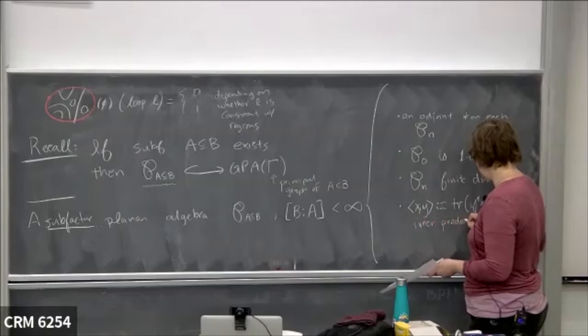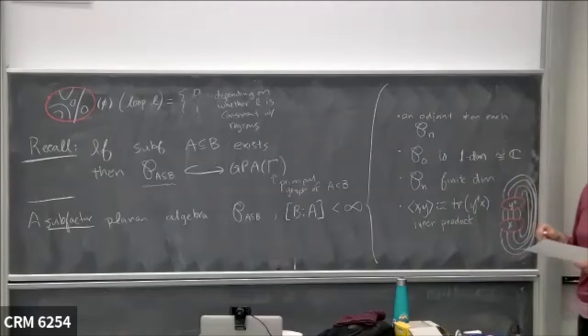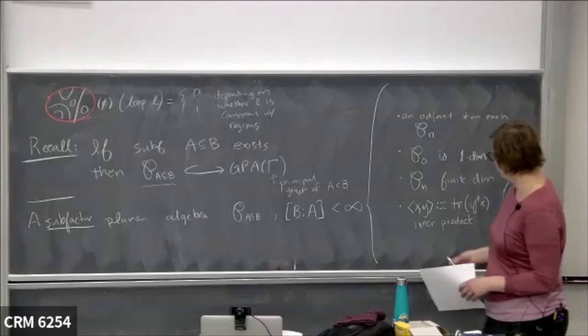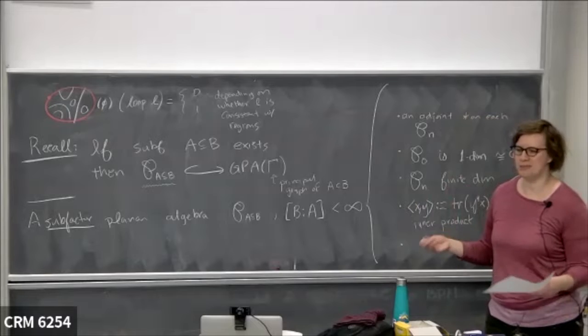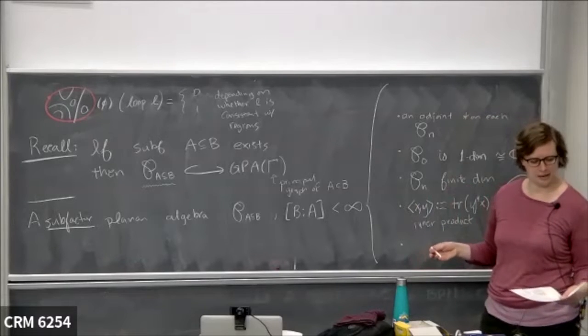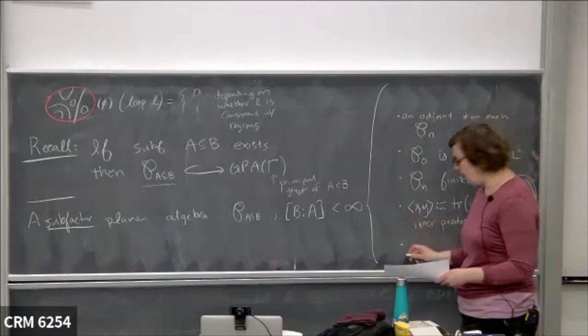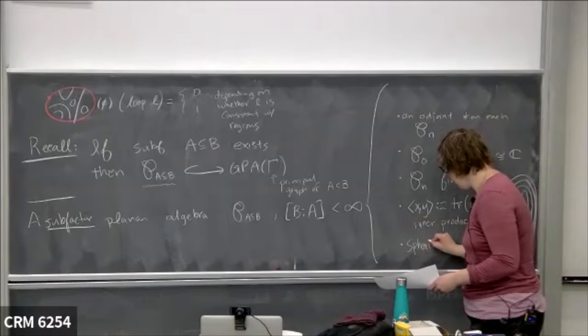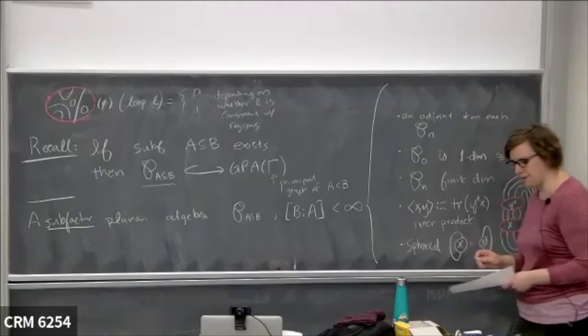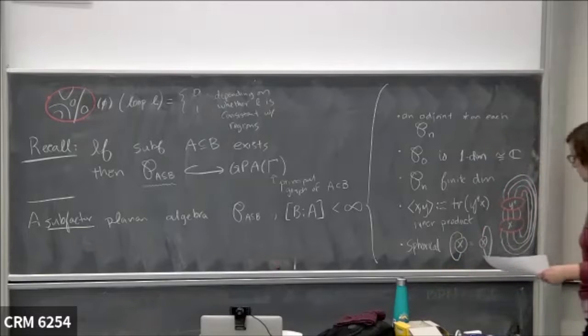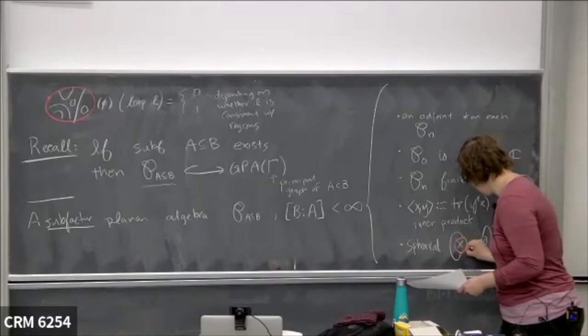Okay, and this is a positive definite form. That means that we have all of the tools of linear algebra at our disposal, not the complicated stuff, the basic stuff, that we can take norms of things, check equality that way, etc. And the last thing we get is that our planar algebra is spherical, meaning that we have two different potential traces, right? We could close on the left or close on the right.